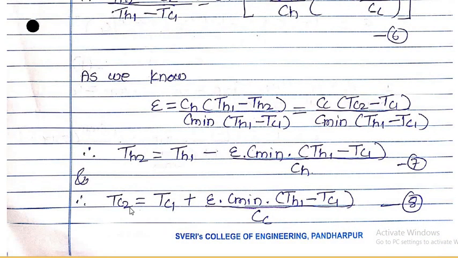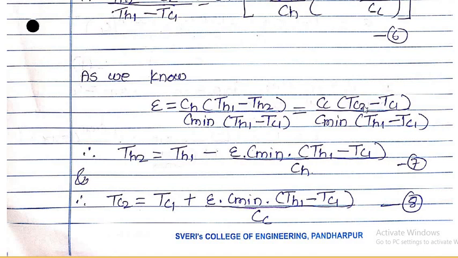And Tc2, in the same manner: effectiveness equals Cc(Tc2 - Tc1) / [Cmin(Th1 - Tc1)]. If you shift the Cmin denominator to this side, it is multiplied with the effectiveness, and if you shift Cc to this side, it divides the effectiveness.